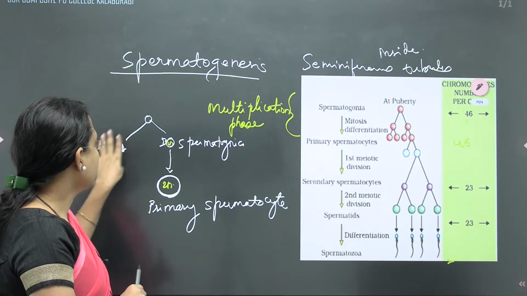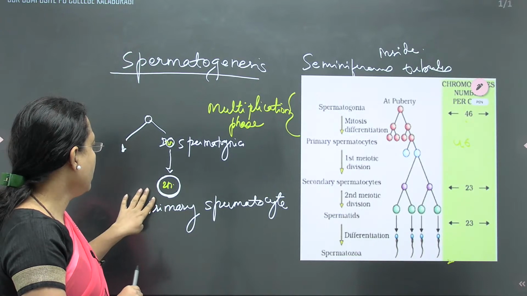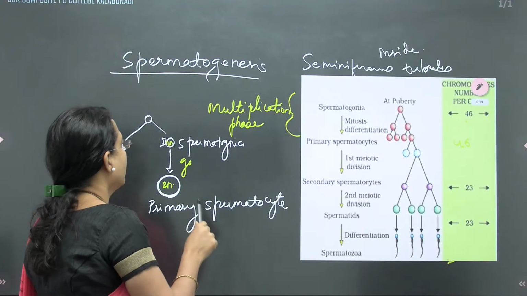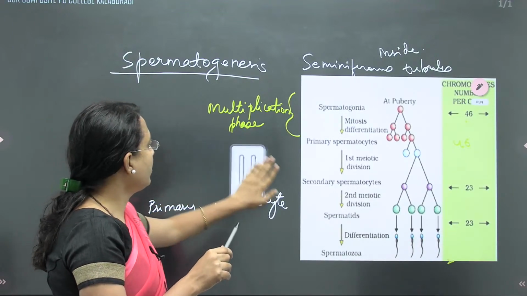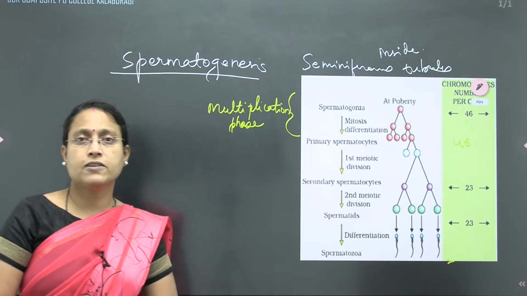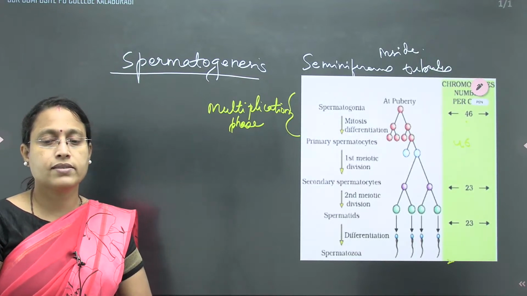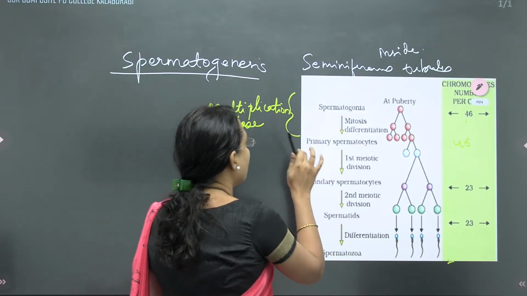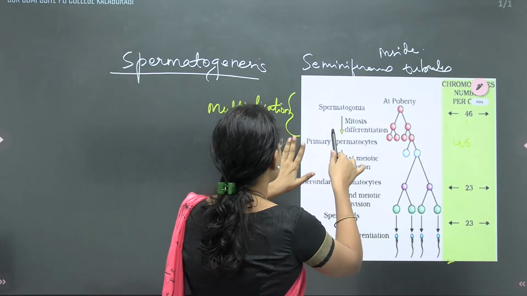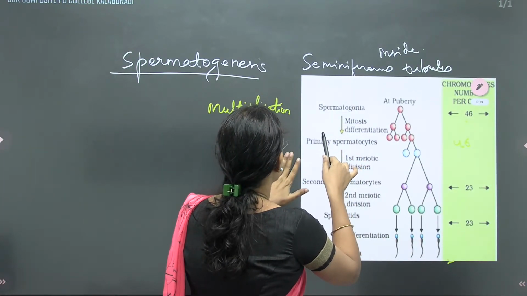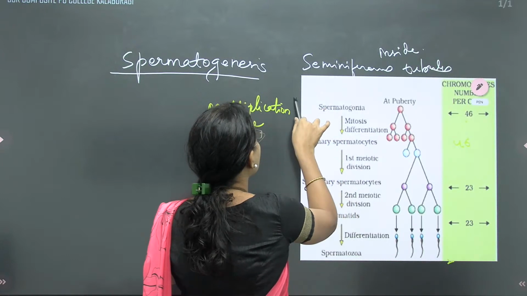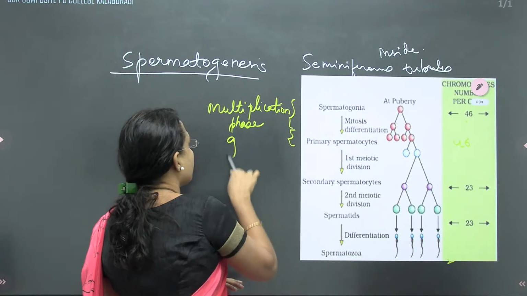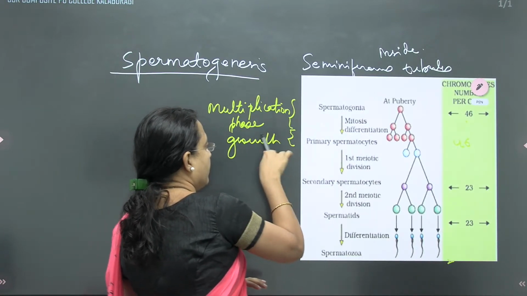So this was about how the spermatogonia will undergo growth. Now, the next stage after the multiplication phase is the growth phase. How to identify? Spermatogonia will divide, and then what forms? Growth. So here mitosis, multiplication, and then a very short phase, which is the growth phase.